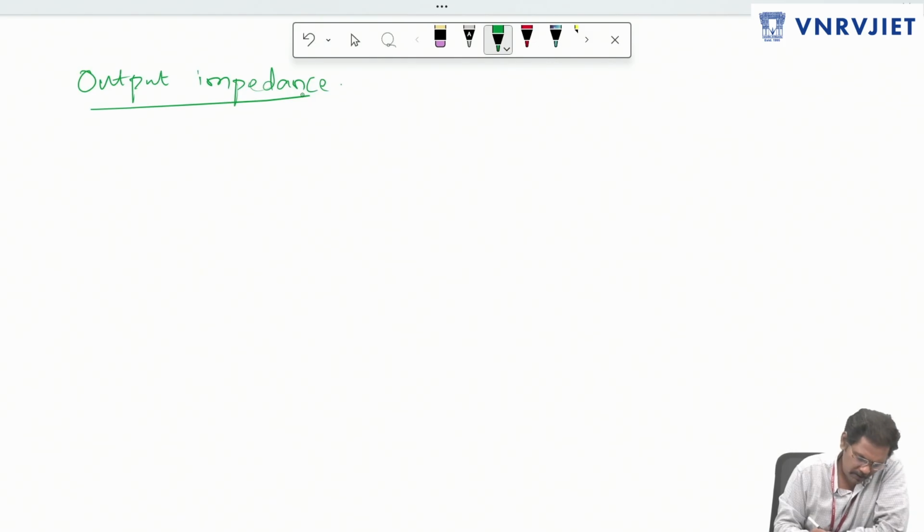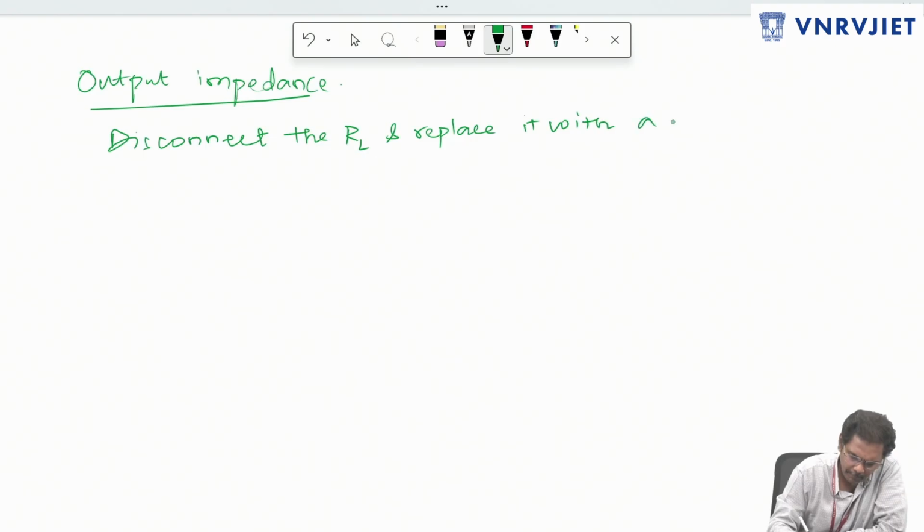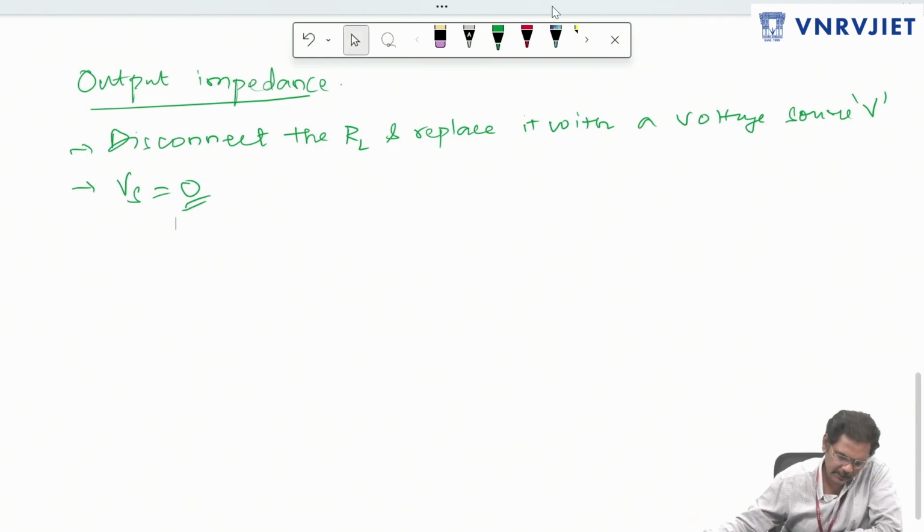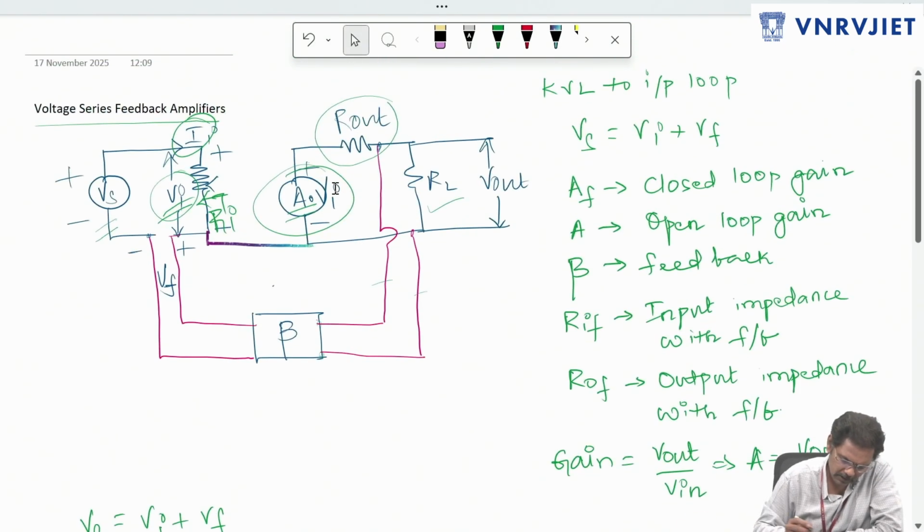So when I say output impedance, as a basic thing, first we'll disconnect the load resistor and replace it with a voltage source V. And second step is the source voltage Vs, we will make it 0. Now I'm going to do the same thing to this part of the circuit.